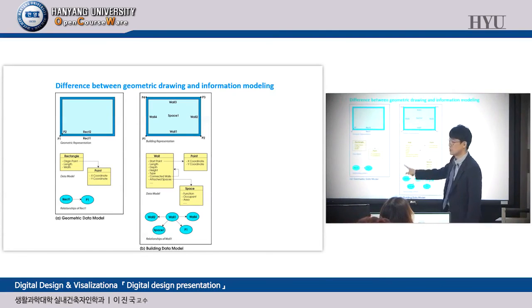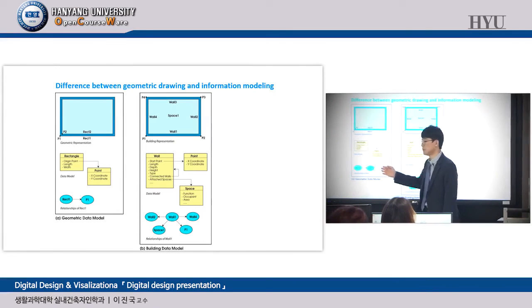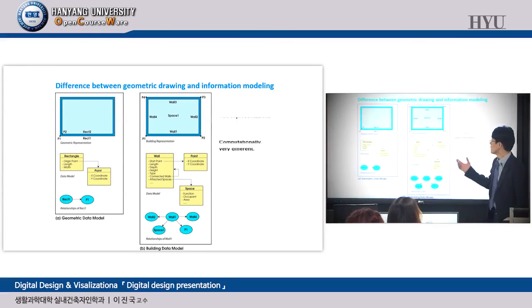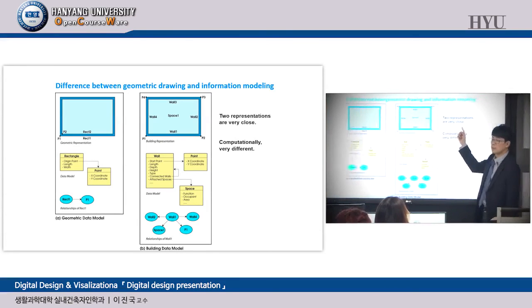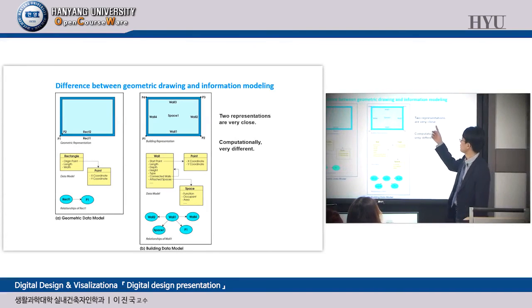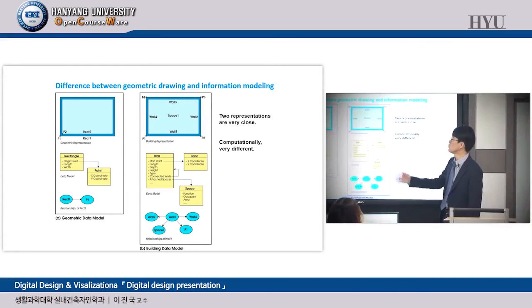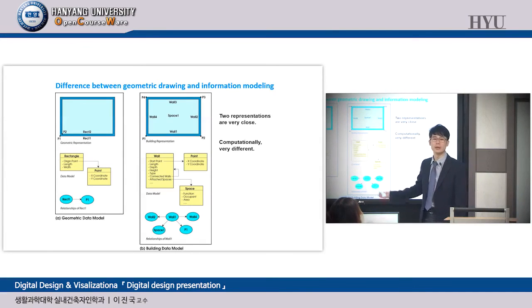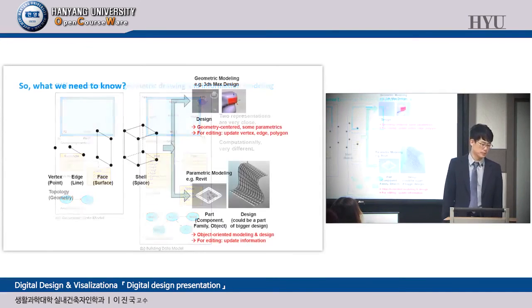So its formal definition in this diagram also has a very different representation. They look the same, okay? They look very close, but computationally very different. Totally different, okay? That's the point. That's the difference between those two approaches, geometric and information modeling.